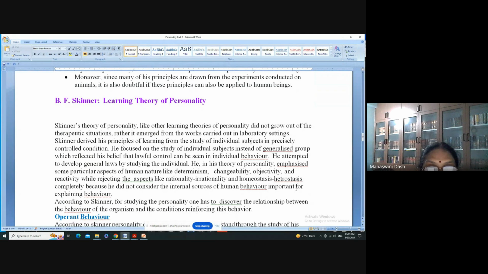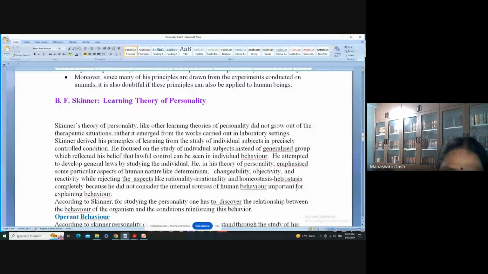According to Skinner, for studying the potentiality, one has to discover the relationship between the behavior of the organism and the conditions reinforcing this behavior. Which conditions have reinforced the development of that behavior?